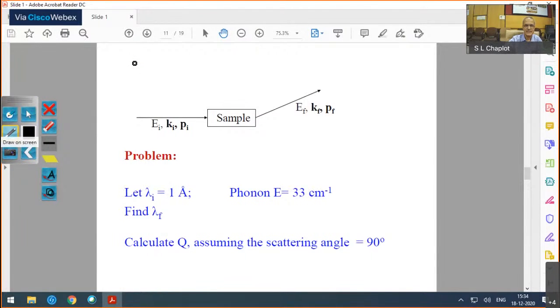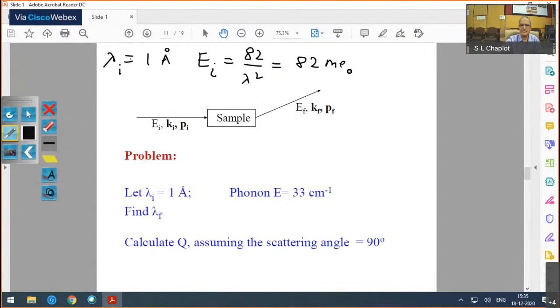Okay, so here we know that if my lambda is 1 angstrom, then the energy, let's say lambda I, the corresponding EI is 82 upon lambda square, 82 being in milli-electron volts, so it is 82 milli-electron volt. The phonon energy is 33 centimeter inverse.